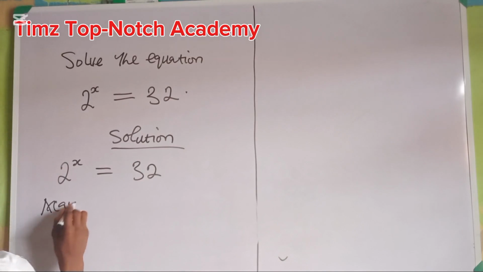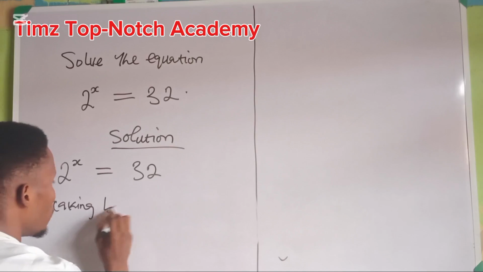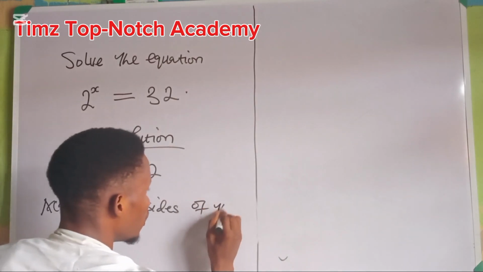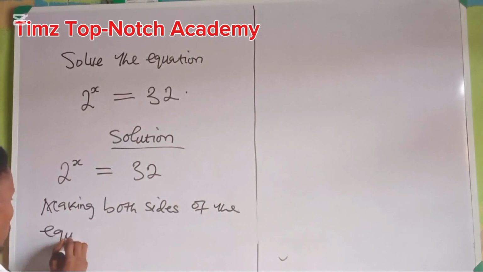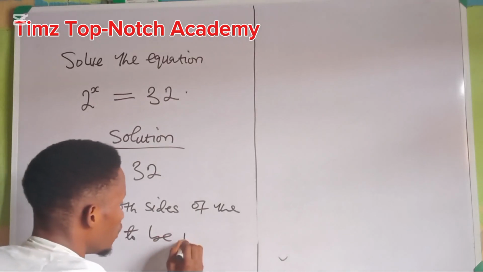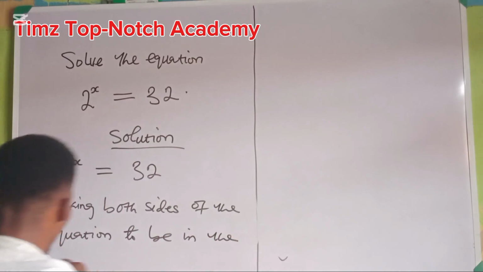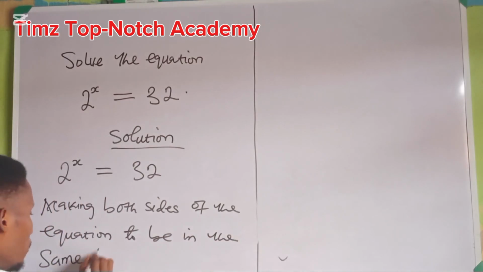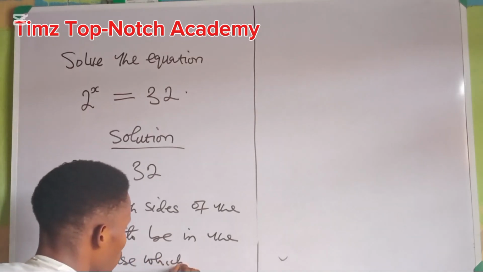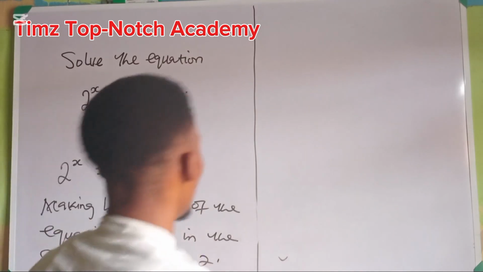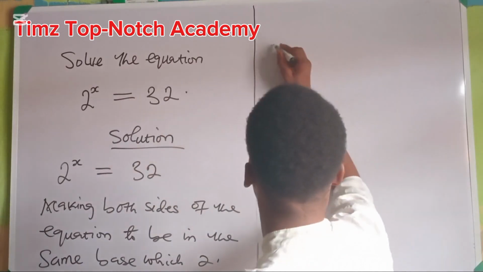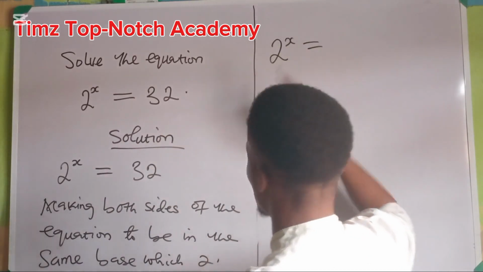Making both sides of the equation to be in the same base, which is 2. So if we do that now, we are going to have 2 raised to power s is equal to this.